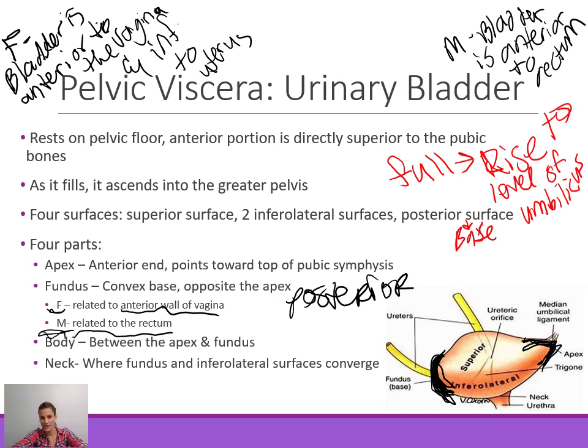So there's an extra passageway that's present in females, being the vagina. In females, it goes from the rectum to the vagina to the bladder. In males, it goes directly from the rectum to the bladder.